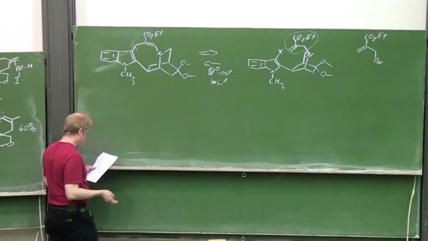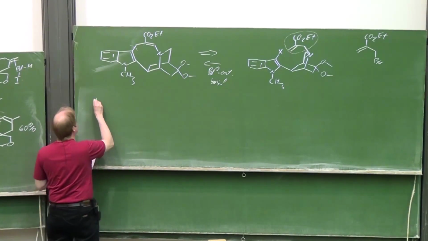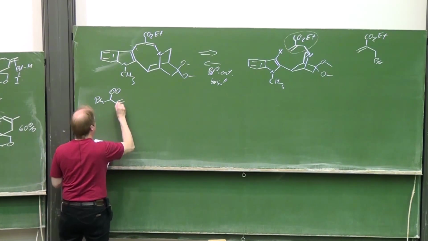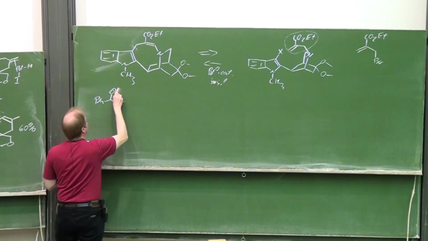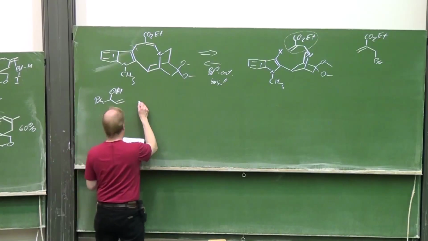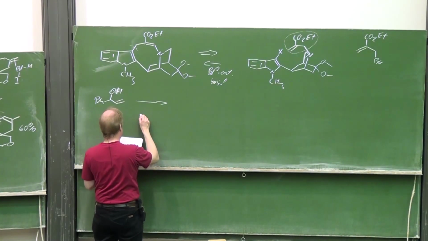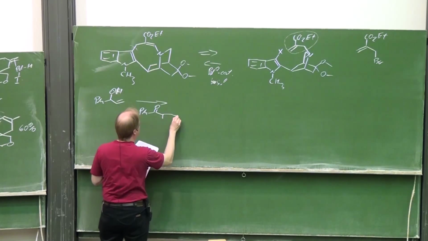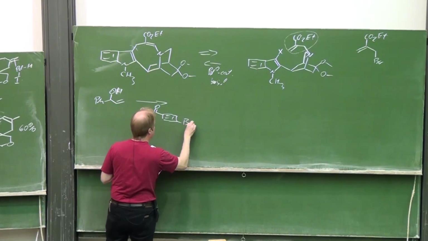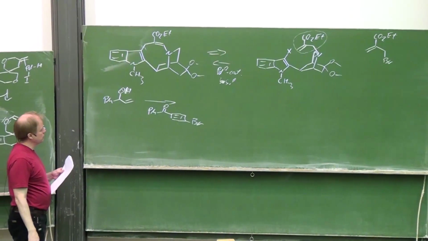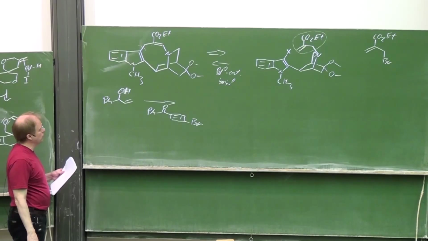Some more examples with a migrating double bond. Allylic alcohols. With this monobromo benzophenone.